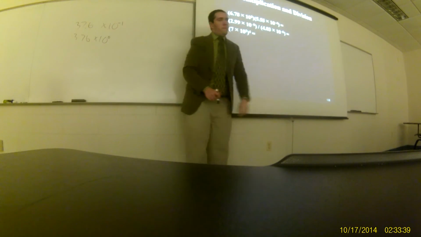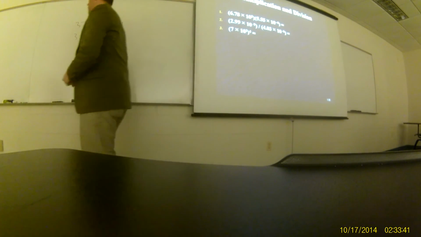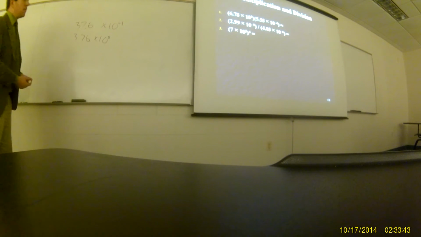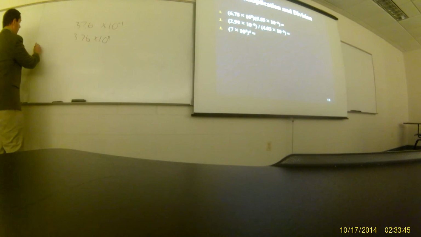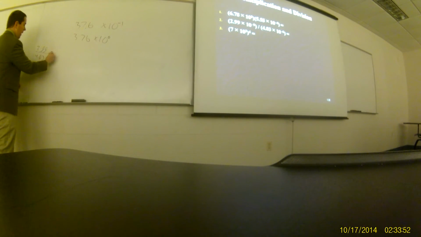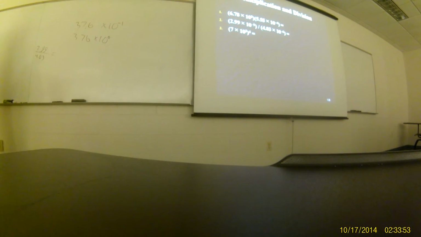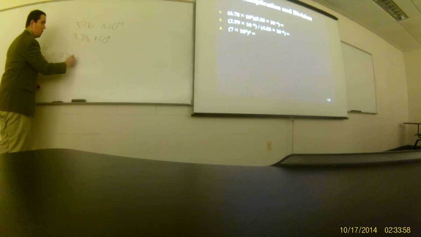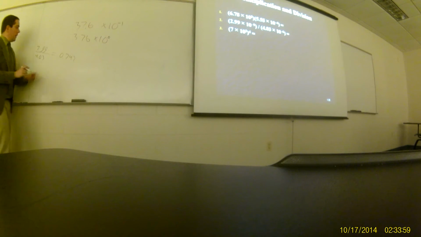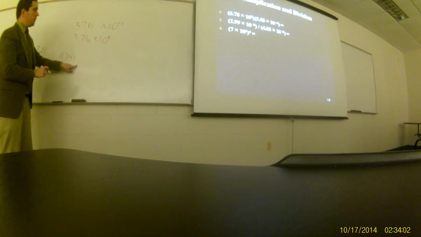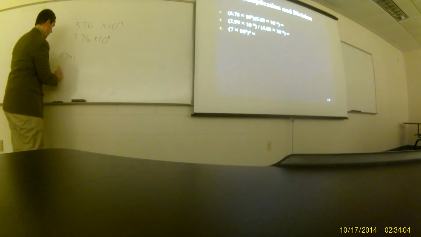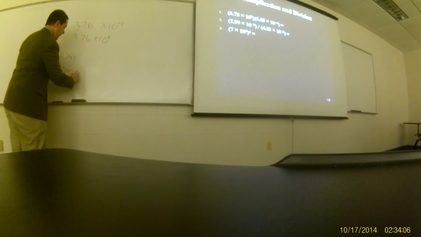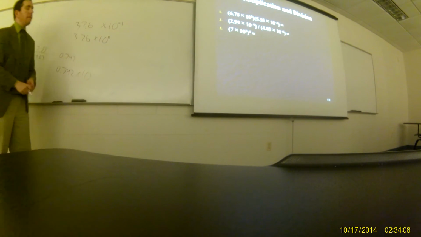So here's a division one. What do I do with the coefficients? Divide them. So I'm going to have 2.99 divided by 4.03. What does that come out to be? 0.742. So I got 0.742, and now I have 0.742 times 10 to the what?